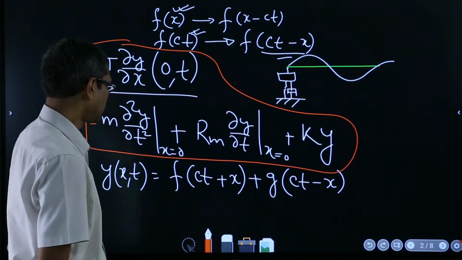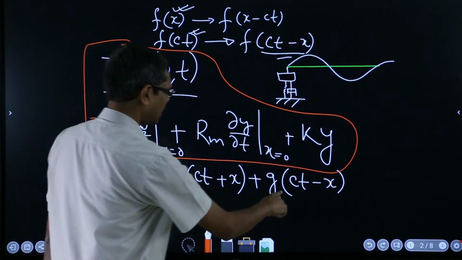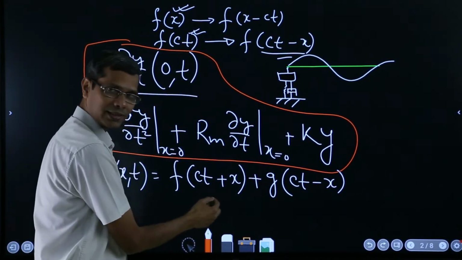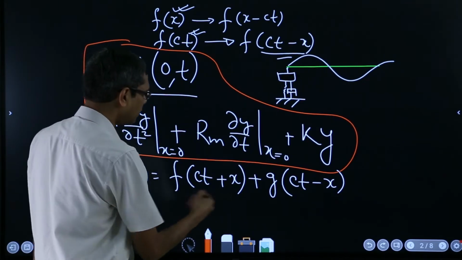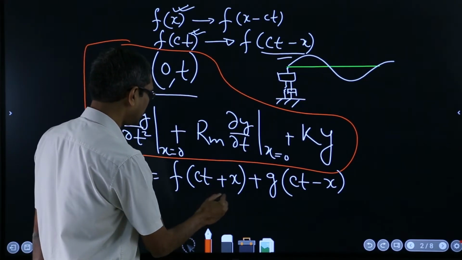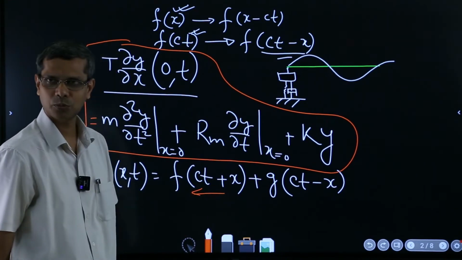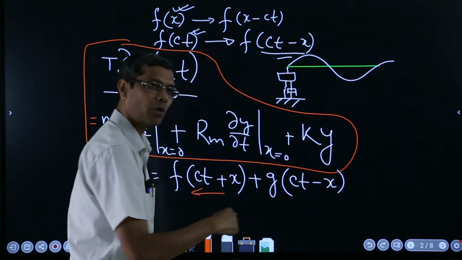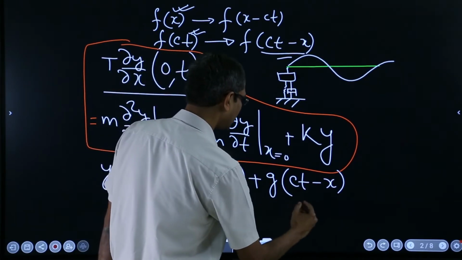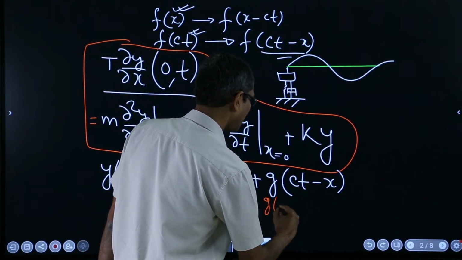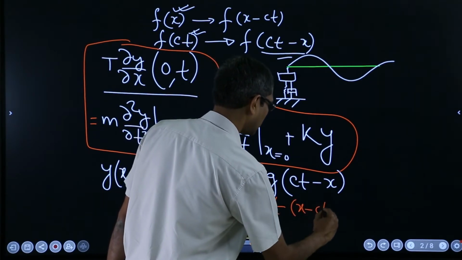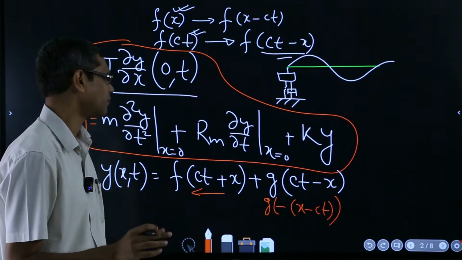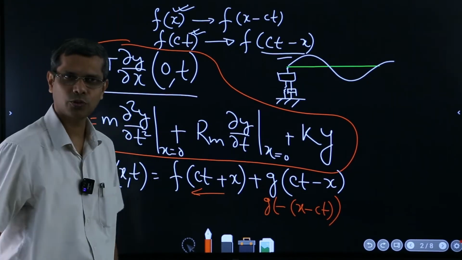Now, as soon as you write it like this, you should be able to see in which direction it moves. This moves in the negative direction, x plus ct, and this moves in the positive direction. You can think of this as g of minus of x minus ct also, and any function with an argument x minus ct means it moves to the right.